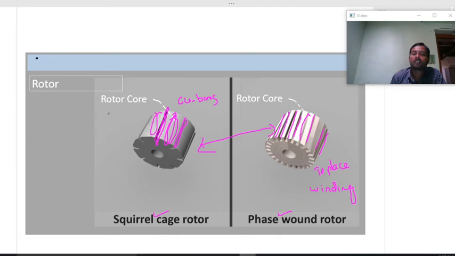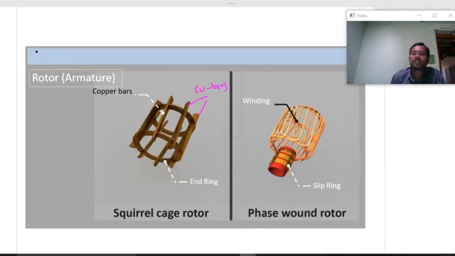In the other rotor, in these gaps, winding is used. This is the three-phase winding, which is connected to the slip rings. This total setup will be inserted in the rotor core.